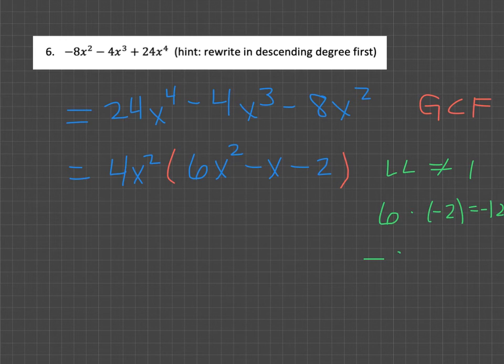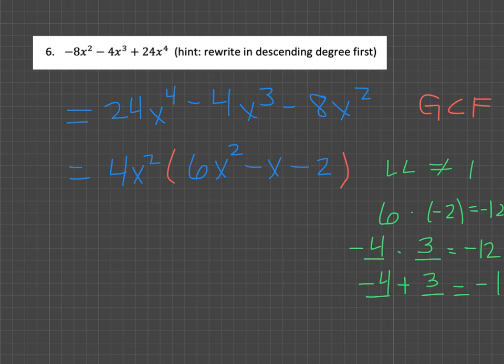We want the two numbers that multiply to -12 and add to the coefficient on the x term, and that coefficient is a -1. Okay, we go through all the possibilities of what that could be, and we're going to land on -4, +3.